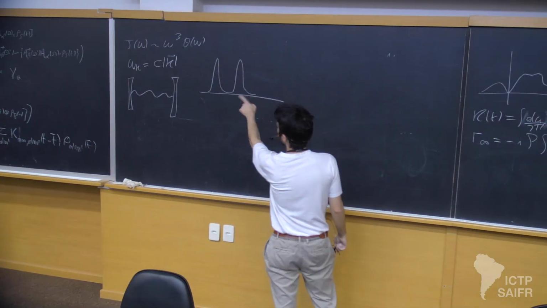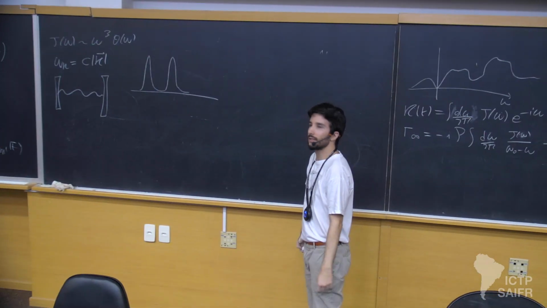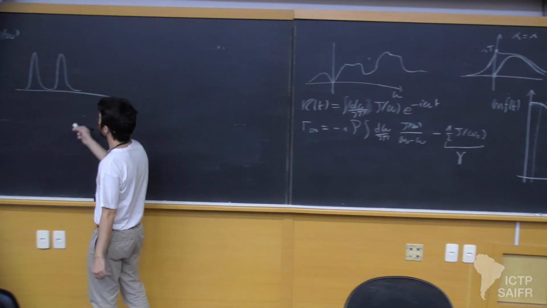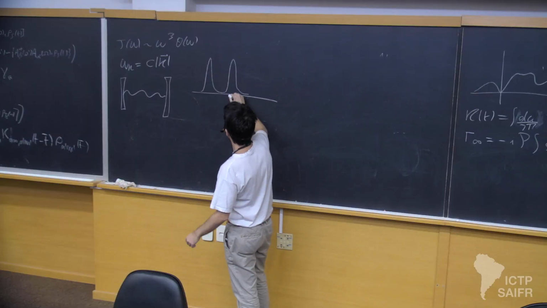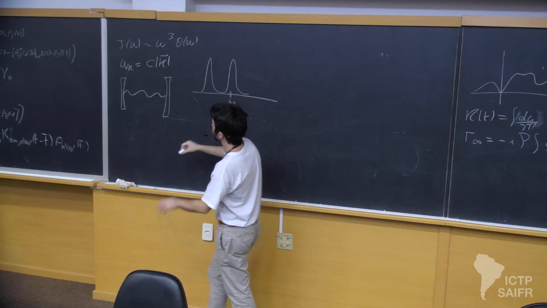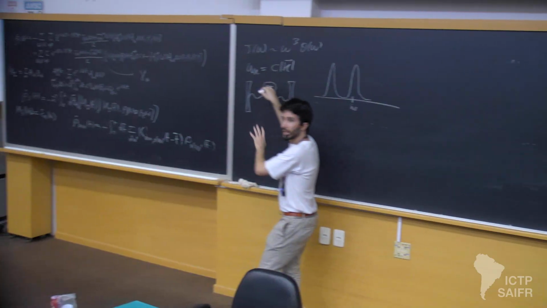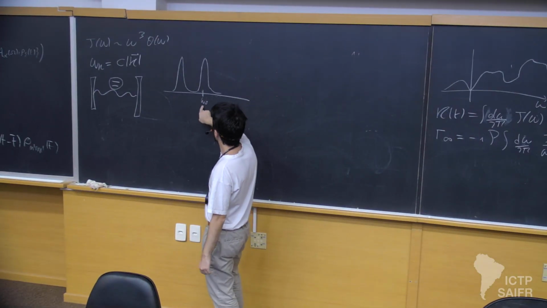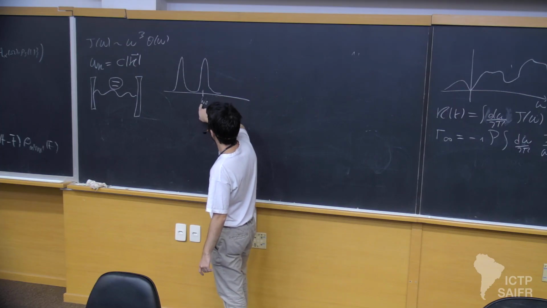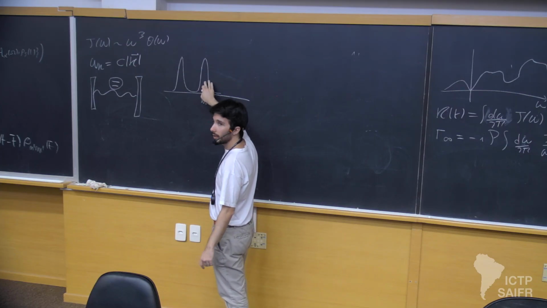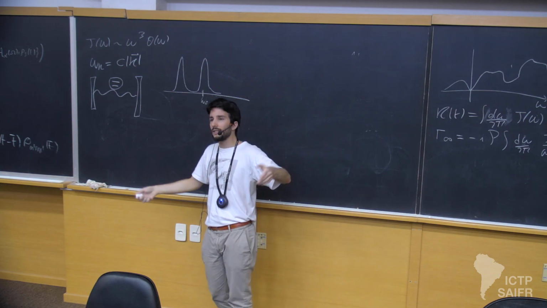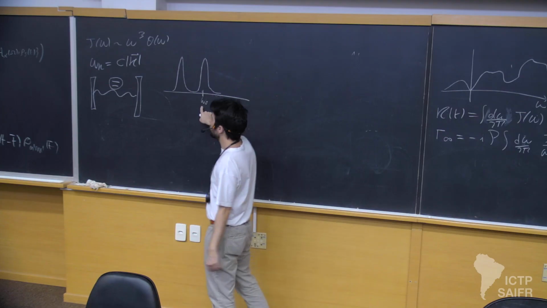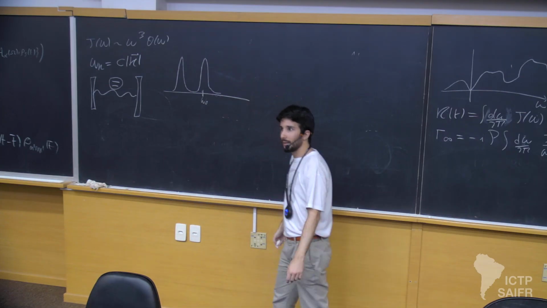Now, when you see a spectrum made of peaks, you should be careful. If the peak is very sharp and you're probing at that frequency, imagine you have a two-level atom embedded in a cavity and you're trying to see the decay of this atom. Well, if the peak is too narrow, the condition of the spectral density being smooth around the probing frequency is going to fail, and you're not going to see Markovian dynamics.